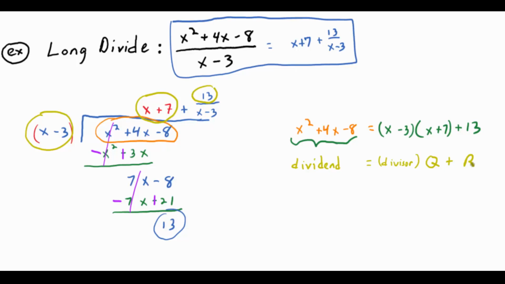And by the way, you can see real quick that this works, because if you multiply this out, you get x squared, FOIL it out, minus 3x plus 7x would be plus 4x. And then minus 21 plus the 13 does get you the minus 8 on the end here. So it does work. You do get the dividend, in other words.